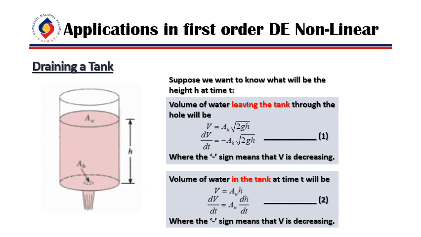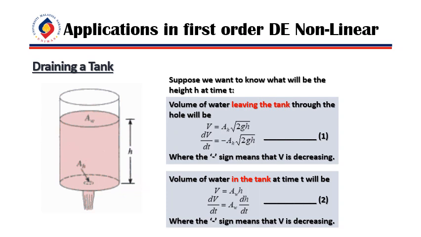So if we want to find the volume of water inside the tank at time t, we use this derivative here, where A sub w is the surface area of the tank, times h.